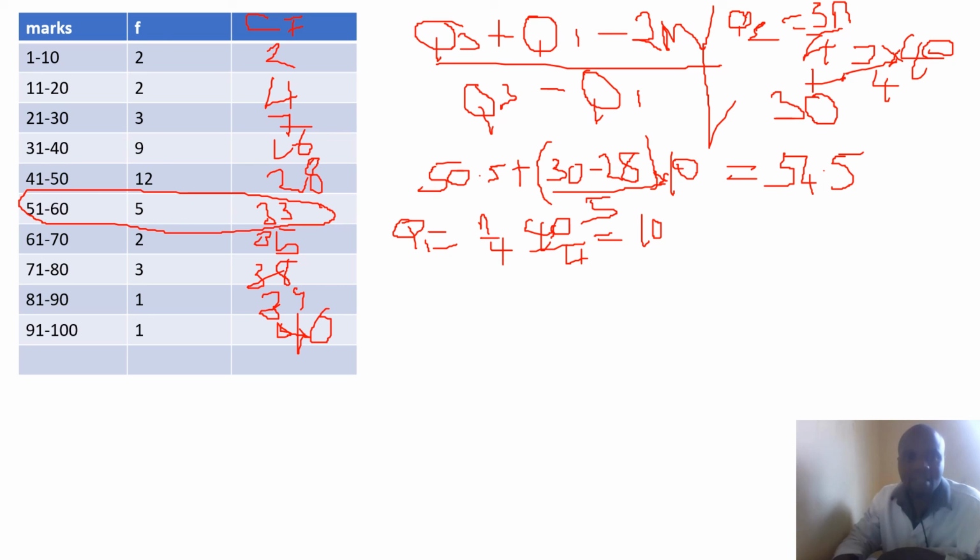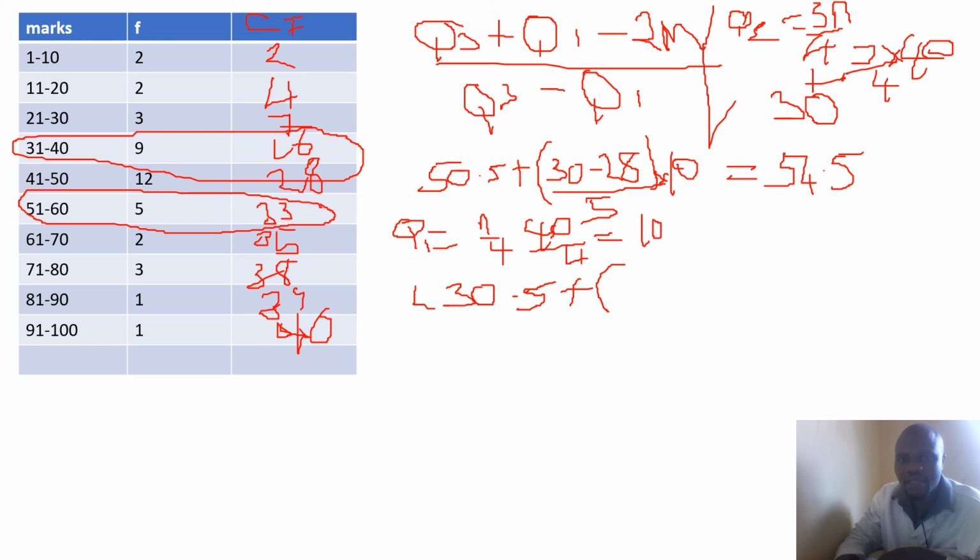And for us to get the 10th, it lies in between this one, this class becomes our lower quartile class. So here we are going to have 30.5. Then plus, here is 10 minus 7 divided by 9, then multiply by 10.